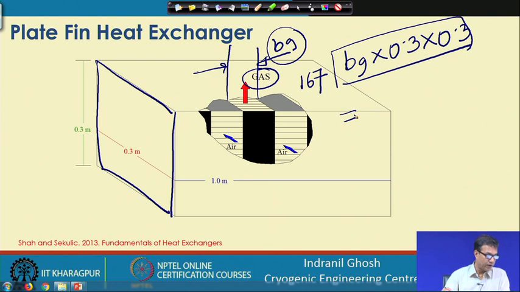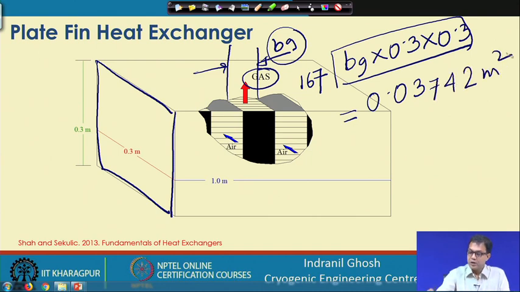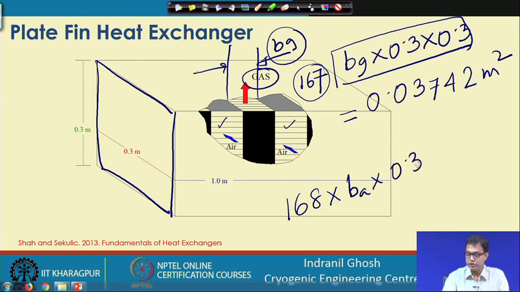So, this comes out to be 167 multiplied by B G into 0.3 into 0.3, which is 0.03742 meter cube. Now, similarly, we can estimate the volume between the plates for the air. We have one more layer in this case, so we have 168 multiplied by B A and multiplied by 0.3 into 0.3.